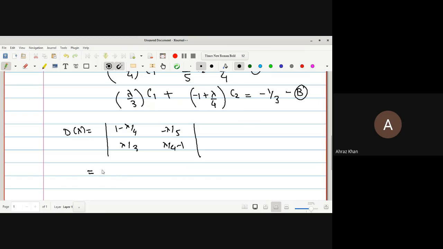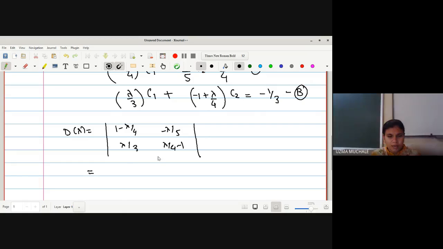Ma'am, but in those equations we had the RHS as 0. Here we do not have RHS as 0. No doubt it is correct. But if you want to solve this type of equation, AX is equals to B, at that time, in that case, we have taken the two situations. What are the two situations? When determinant of A is 0, when determinant of A is not equal to 0.